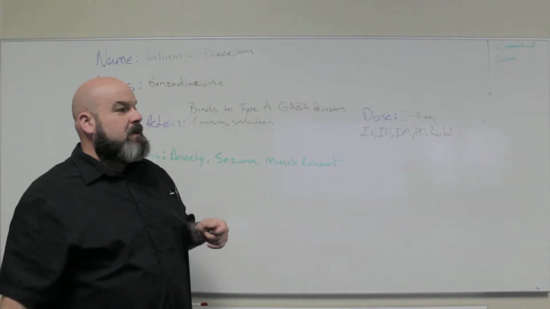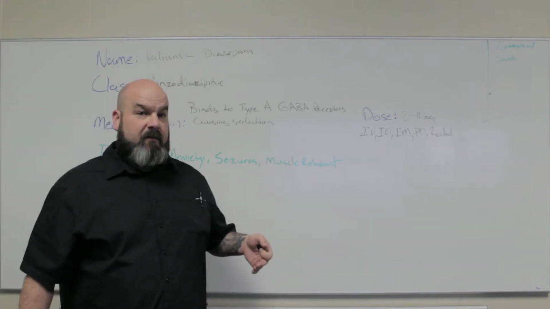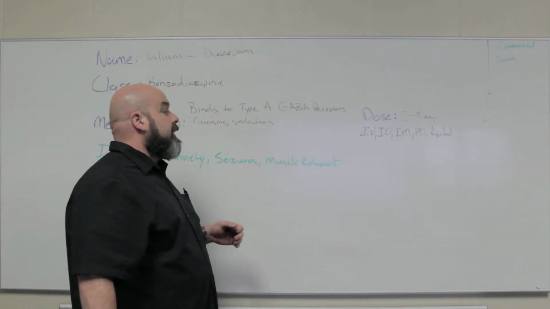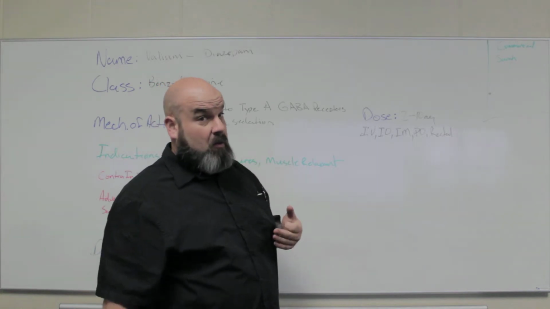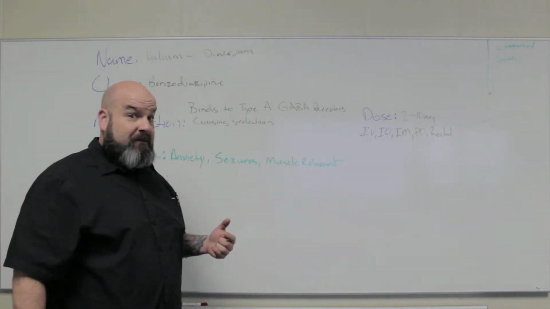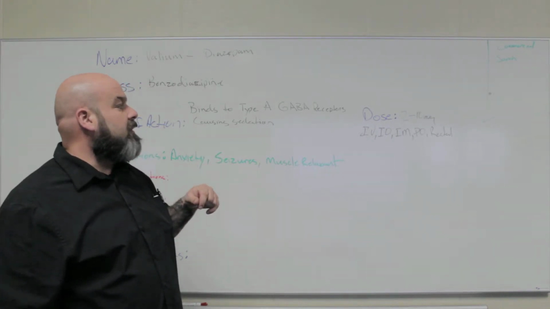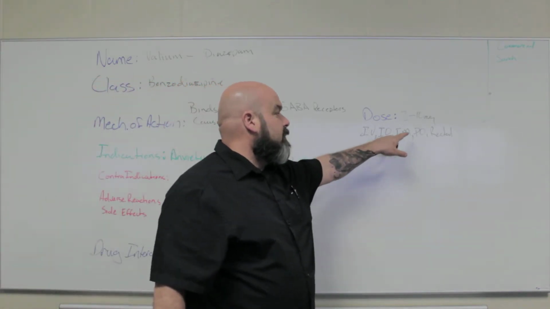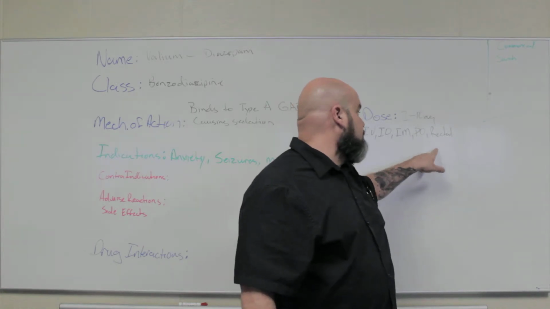Valium carried in the hospital in pill form and in IV or liquid form can be given. Pill form, obviously, is oral, the only way you're going to take it. Liquid Valium or IV Valium can be given IV, IM, PO, or rectally.